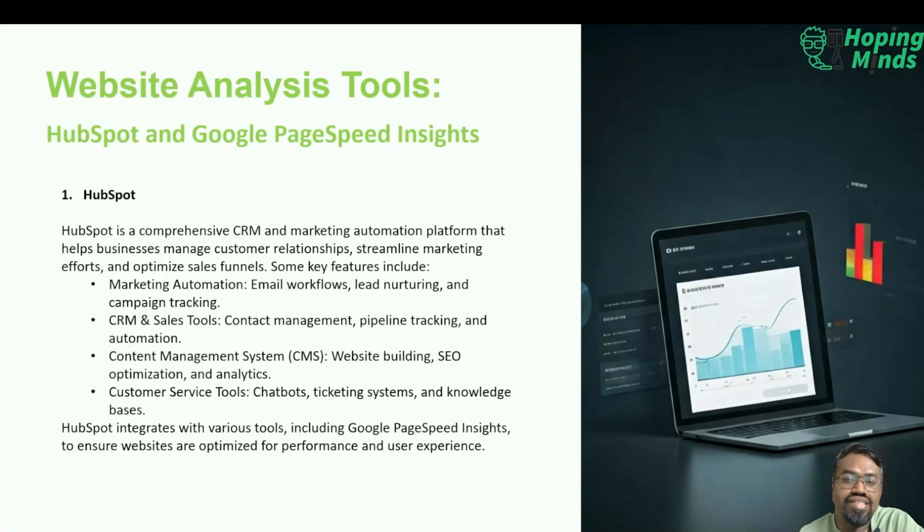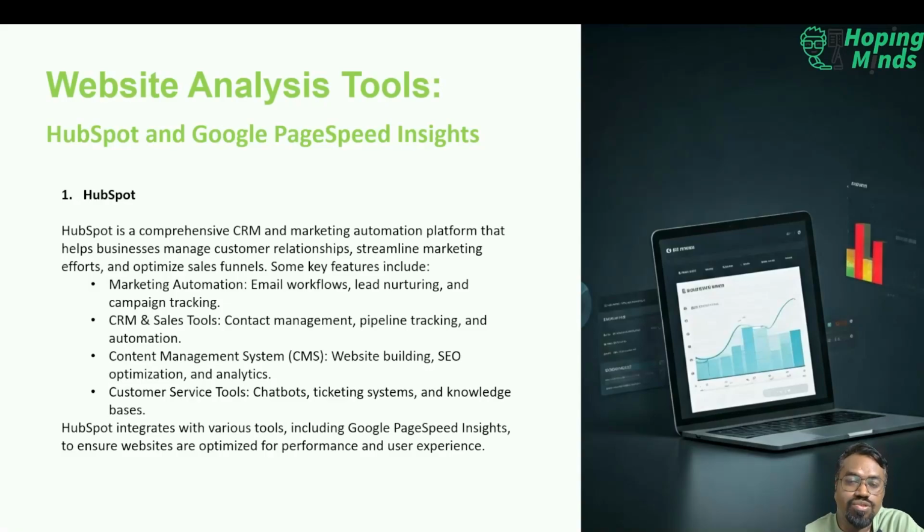Now it acts as a sales tool as well as a CRM, because contact management, pipeline tracking, and automation can be done in the backend. Then it helps in building the website, it helps in optimizing SEO, it helps in doing all sorts of analysis, right?